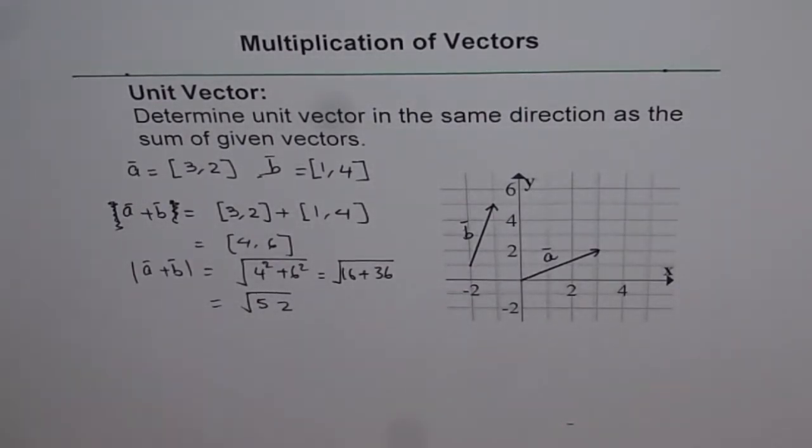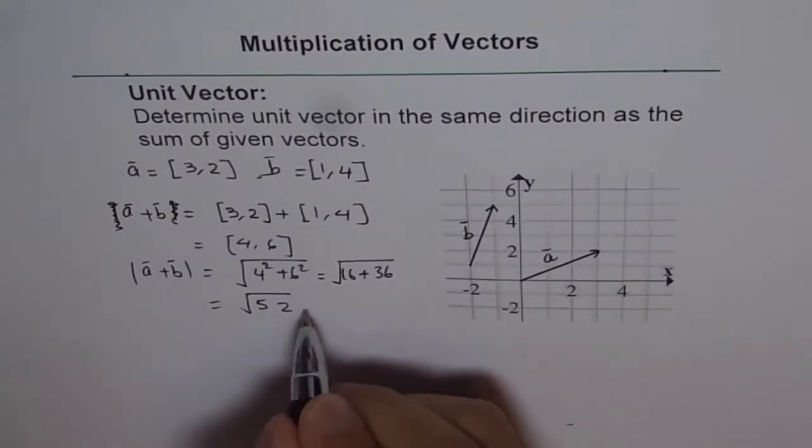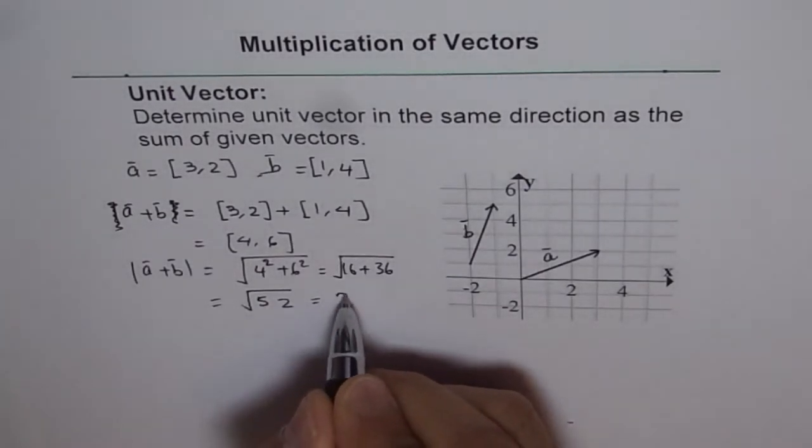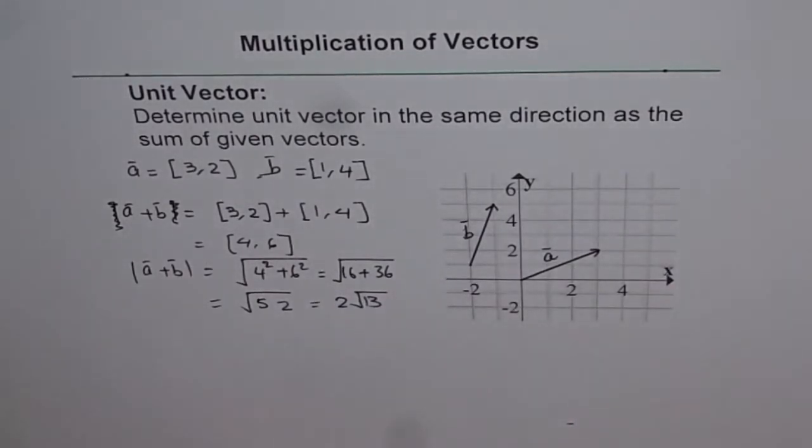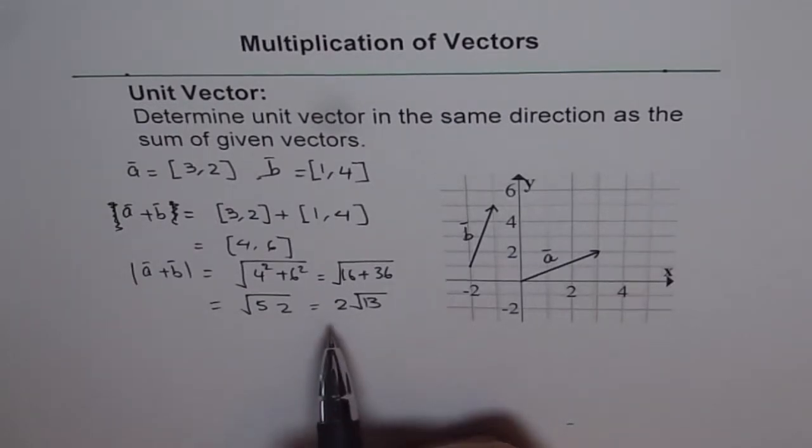Now, 52 is 4 times 13, so I could write this as 2 root 13, right? We remember from playing cards: if you have 4 people, they get 13 each. So that is how it is, 52, 4 times 13.